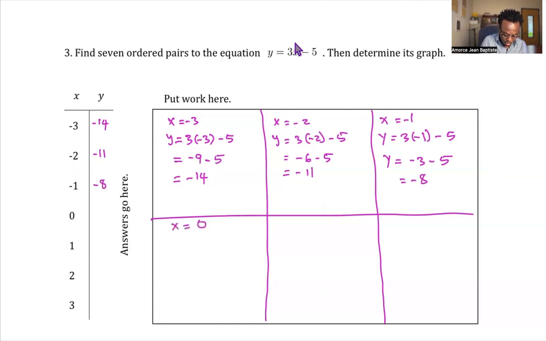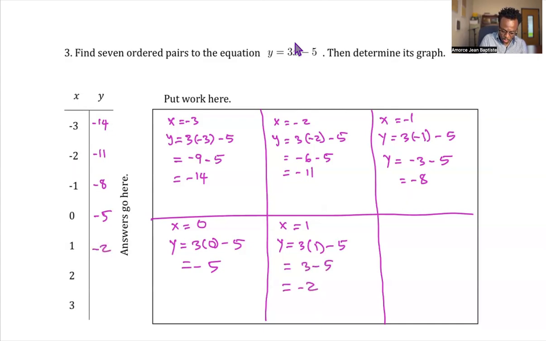X equals 0. Y equals 3 times 0 minus 5 equals -5. X equals 1. Y equals 3 times 1 minus 5. So that is 3 minus 5 equals -2. X equals 2.